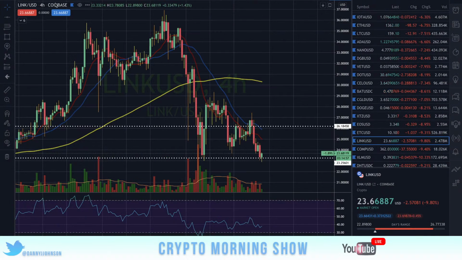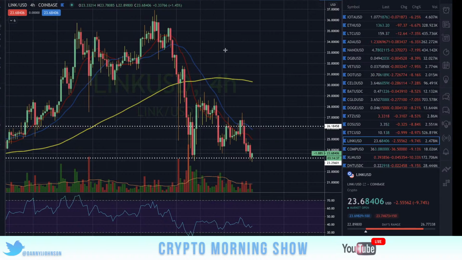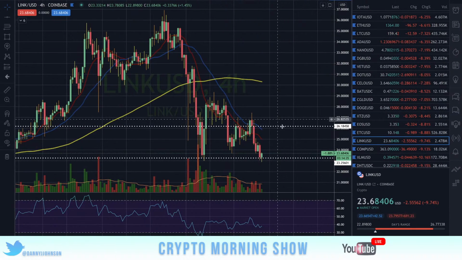Is it still relevant? It has good volume. You're seeing it with Link, we have 478 million in volume. So that's how I come to decide which ones to put in my favorites and track in TradingView. So there you go, a little tip for you.